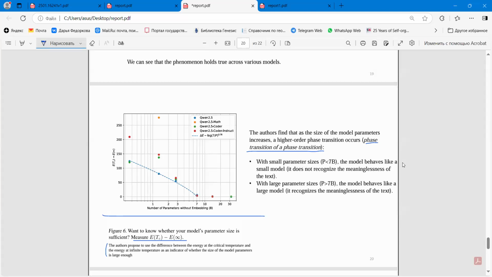Let's see if there are any other questions. Hi, Daria. One of the conclusions out of this paper that I was really surprised about was, regardless of the number of parameters used in a model, it transitioned from being able to provide meaningful responses to meaningless responses always at the same temperature.